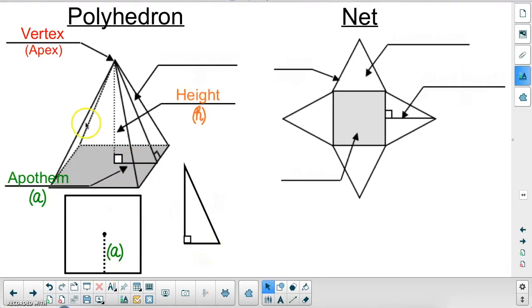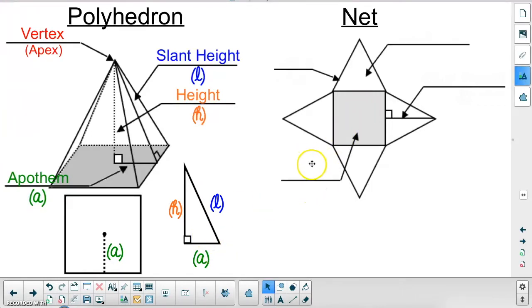Notice the apothem and the height make a right triangle, and then we have that hypotenuse that we call the slant height of the pyramid. That's going to be the height along the slant. That's why it's called the slant height, and we'll call that L. The base picture and this height triangle are going to be really important as we start to solve problems.